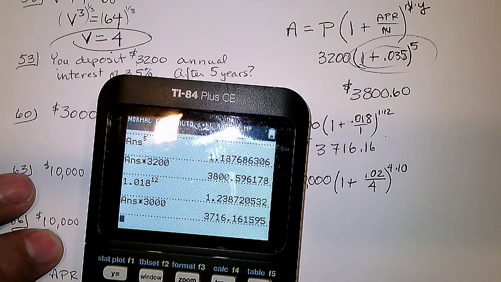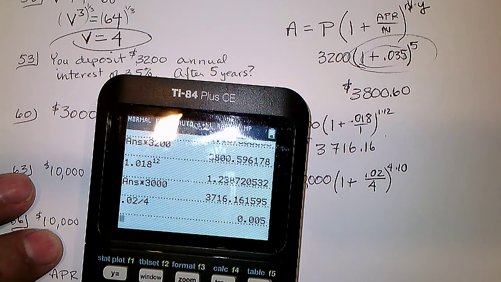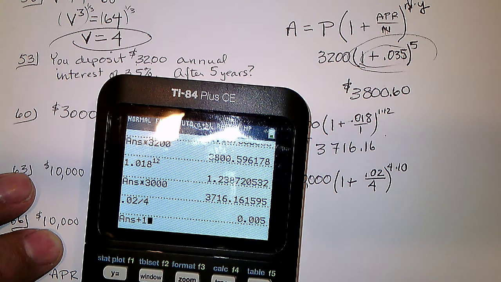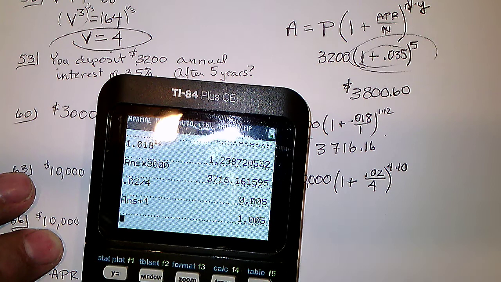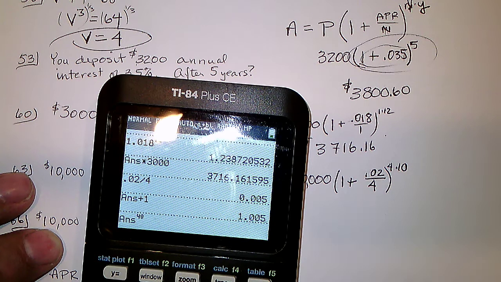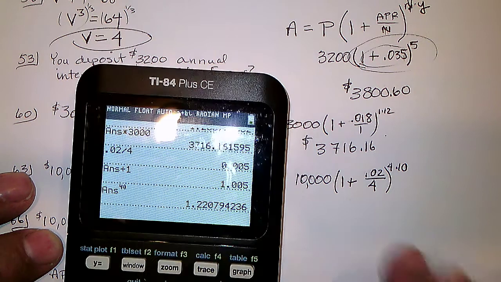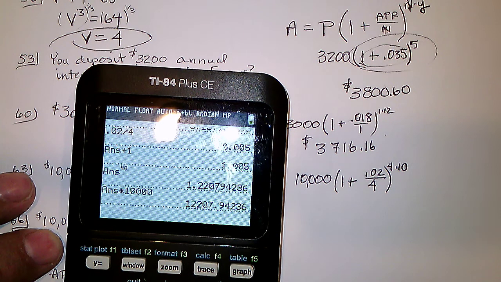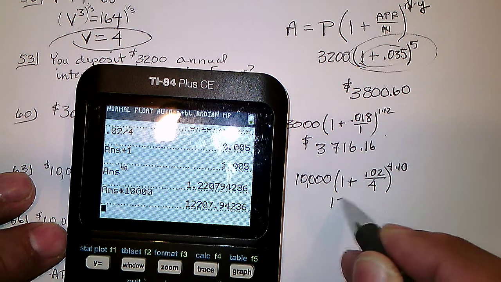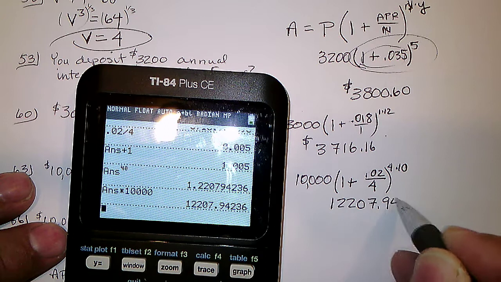So I'm going to do 0.02 divided by 4 plus the 1. That's this piece, to the 40th power. And that tells me what I need to multiply that by, times 10,000. And I get $12,207.94.